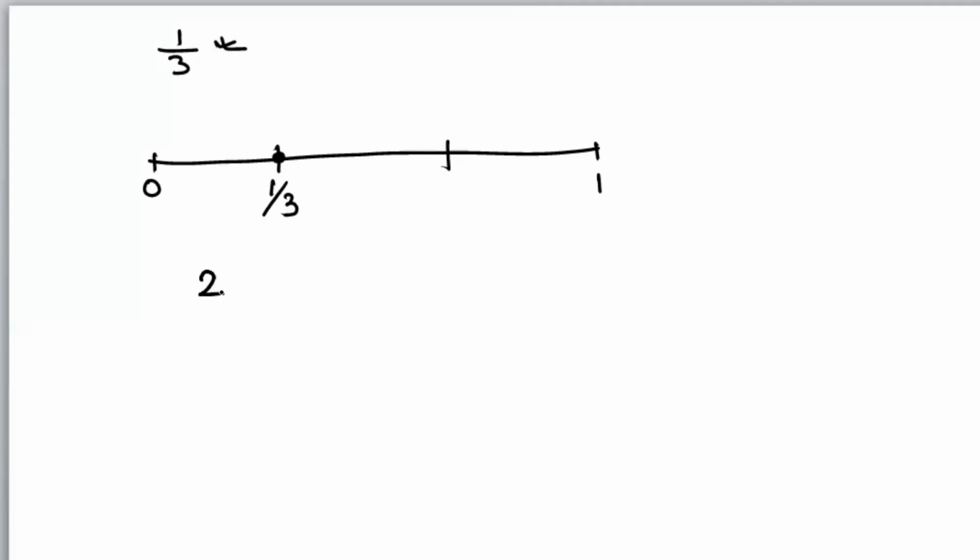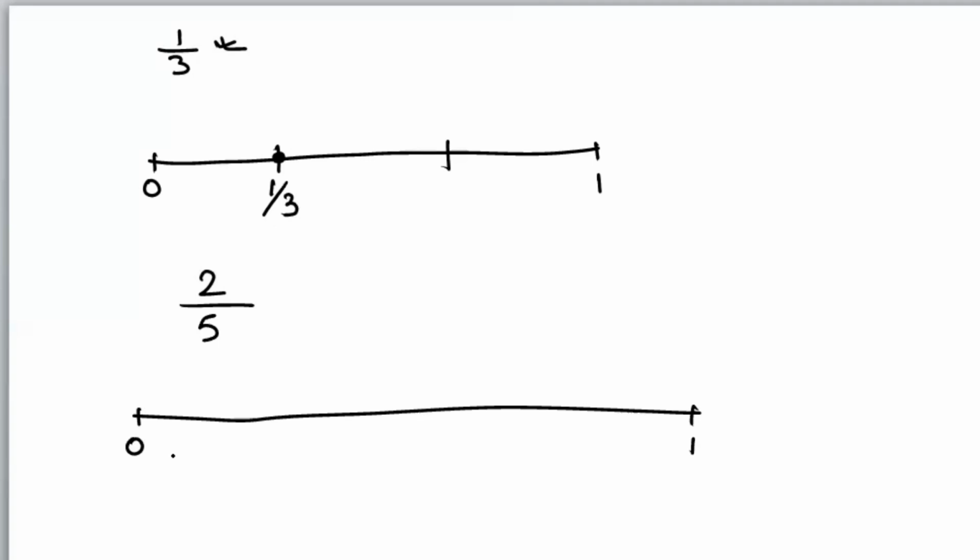Say 2 by 5. Then we will draw a number line. Here is a 0 and here is a 1. Why is it between 0 and 1? Because a proper fraction always lies between 0 and 1. Then we look at the denominator.